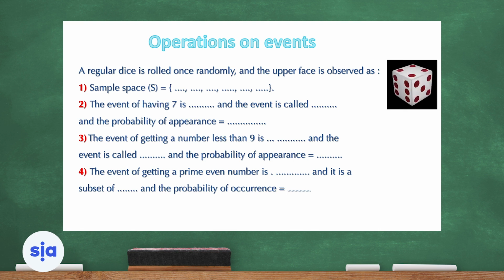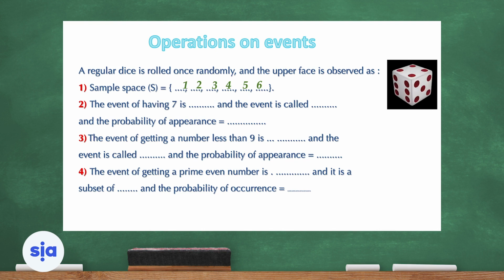Yes, thank you. It can be 1, 2, 3, 4, 5, or 6. Anything else? Definitely no. So the sample space is the possible outcomes: 1, 2, 3, 4, 5, or 6.